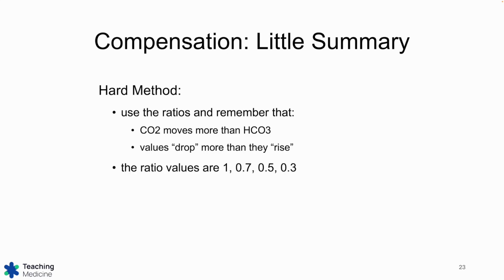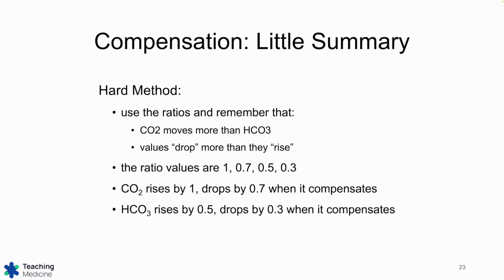And the ratio values, if it's a 1-to-1 ratio, then the ratios are 1, 0.7, 0.5, 0.3, or if you multiply by 10, it's 10, 7, 5, and 3. So CO2 rises by 1, but drops by 0.7 when it compensates, and bicarb rises by 0.5, but drops by 0.3 when it compensates. And if you want to get high marks on your exams, memorize these values.